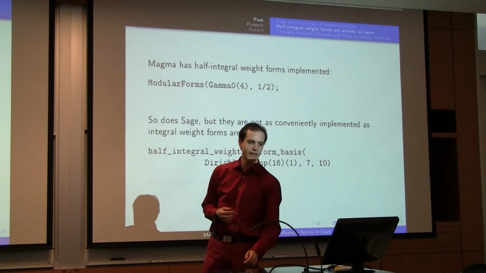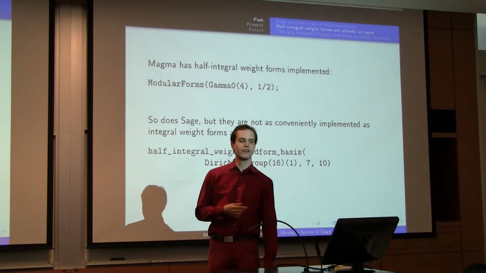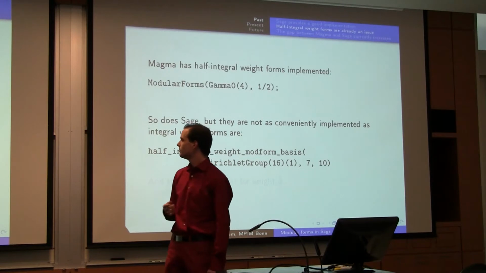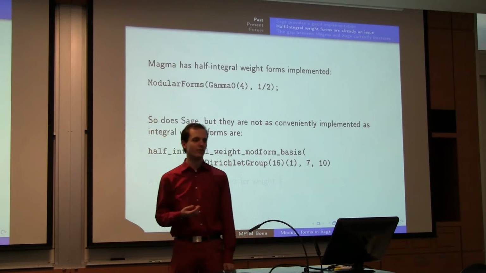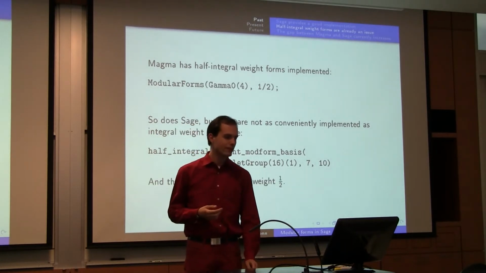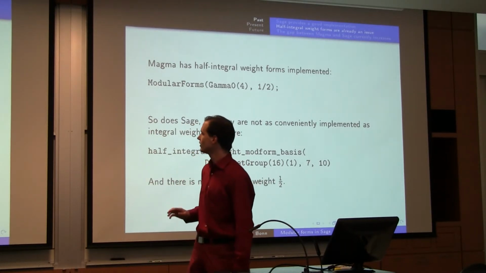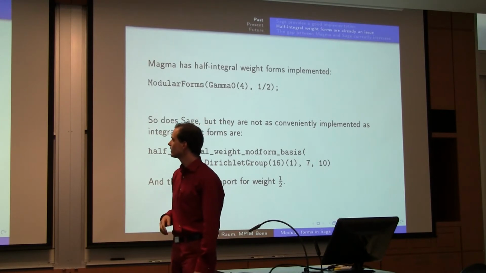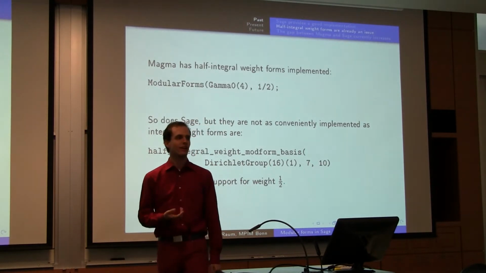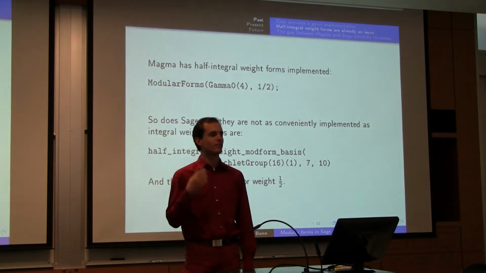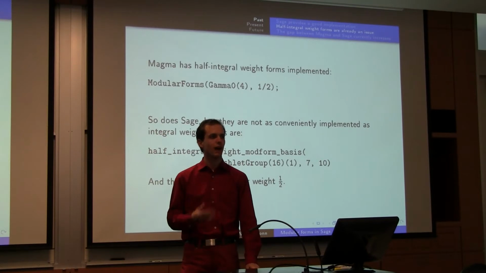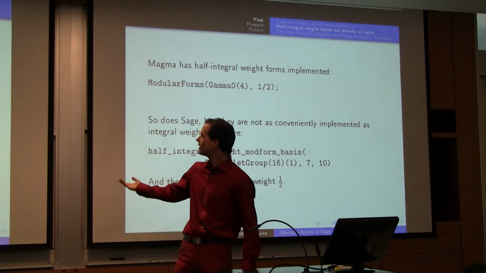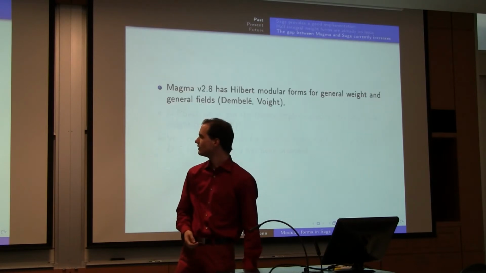We do have an implementation, I think William provided it, for half-integral weight forms, but it's really nasty to use and slower, so nobody will probably use it. Half-integral weight is of course a corner case and more difficult, but we don't have it and Magma does. So that's certainly one of the things we should do next with modular forms. Until now we have mainly focused on integral weight, and half-integral weight is obviously neglected.